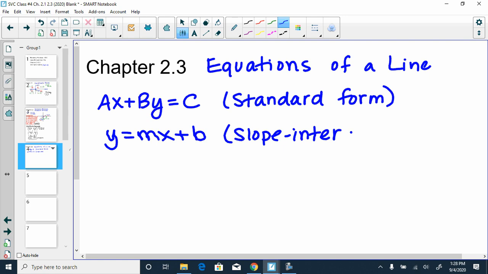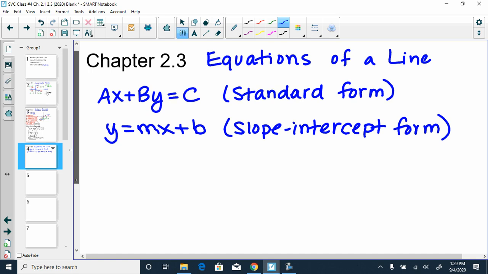As far as these forms, they are directly interchangeable. You could go from standard form to slope-intercept form, and from slope-intercept form to standard form. We are definitely going to do that, but at first I want to talk about intercepts and slope.